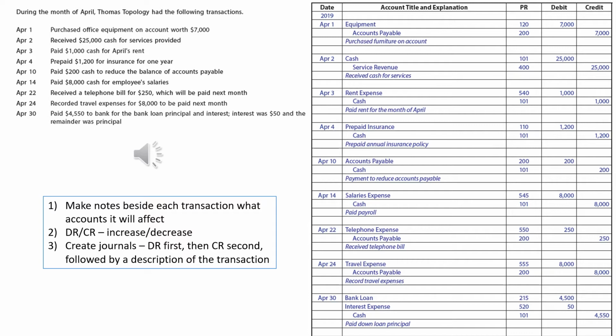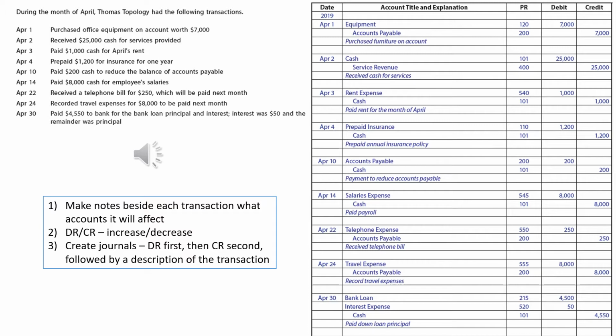And again, this is for paying rent for the current month of April. April 4th, you prepaid $1,200 for insurance for 1 year. So again, you're debiting prepaid insurance because it's for future periods of time, and you're crediting cash for the $1,200 that you paid out. Crediting cash because we used cash. You gave that cash away to the insurance company or the broker. And that's to prepay an annual insurance policy.